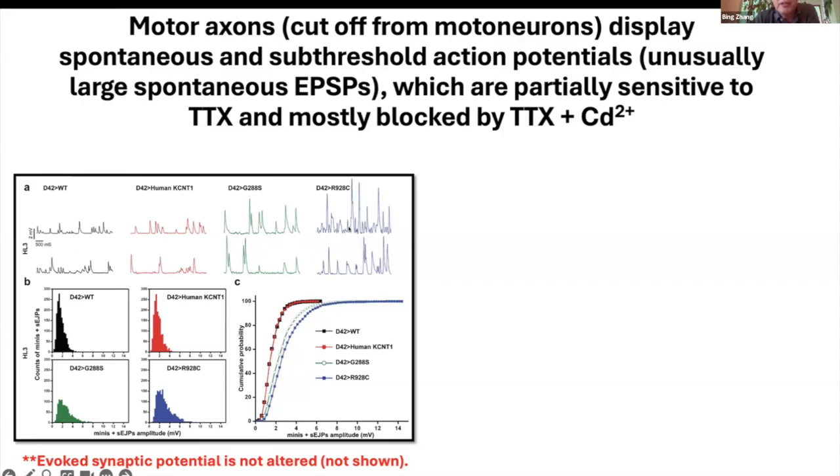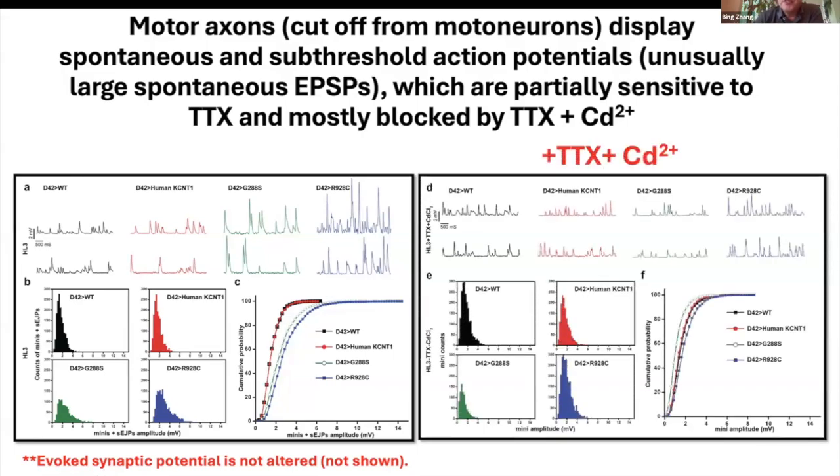This is what we consider a subthreshold action potential induced release. So this is a dramatic change in what we know about excitability in the nerve terminal. Most interestingly, this is partially resistant to TTX. If you block voltage-gated sodium channels, you're still going to see this large event.